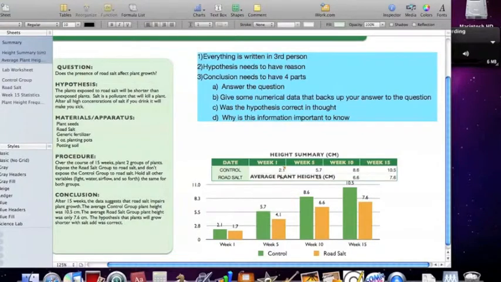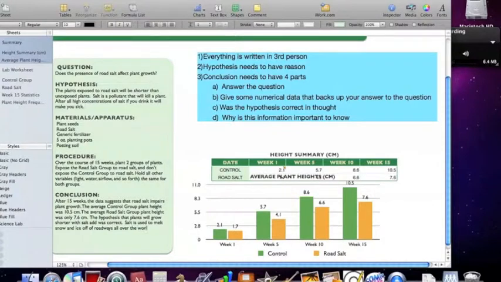Salt is used to melt snow and ice. Well, let's say that. Salt is used to melt snow and ice off of roadways all over the world.